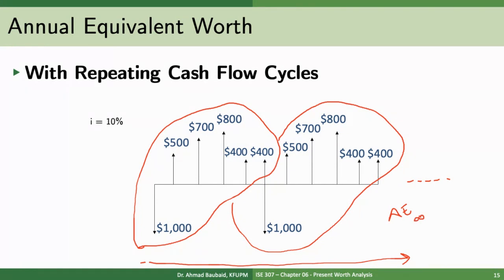If I wanted to convert this infinite cash flow to an annual equal payment series, it is the same as the AE of a single cycle. This sub C here just means the AE of a single cycle. So if I compute the AE for this cycle, it's going to be equal to the AE for the whole thing. That's a very nice property, and it makes life very easy for us when we have infinite horizon projects where we can repeat stuff.